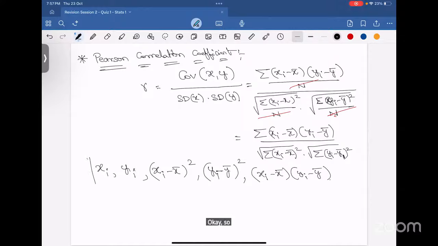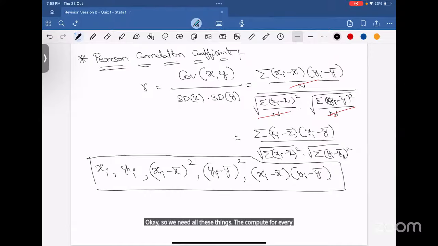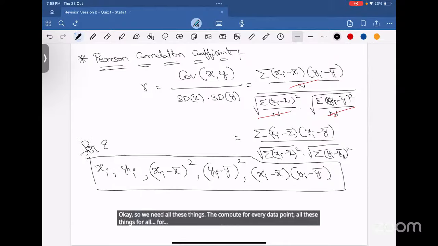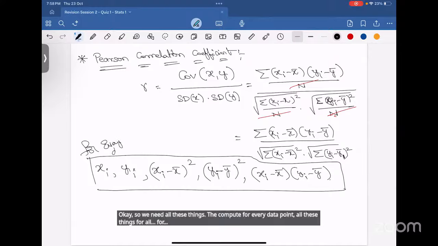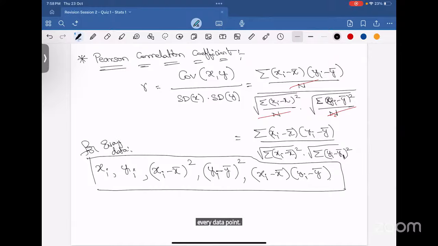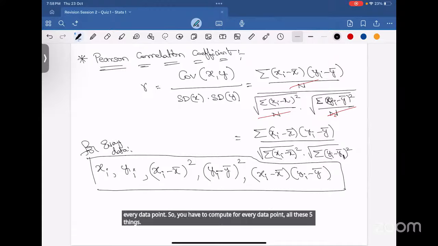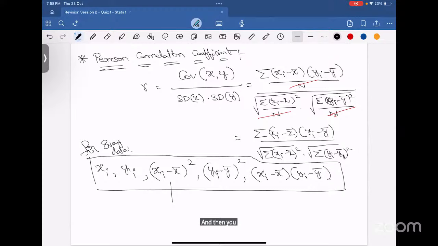We compute all these for every data point, so you have to compute all these 5 things for every data point. Then you add these up, and you take this value divided by the product of the square roots of these two values.